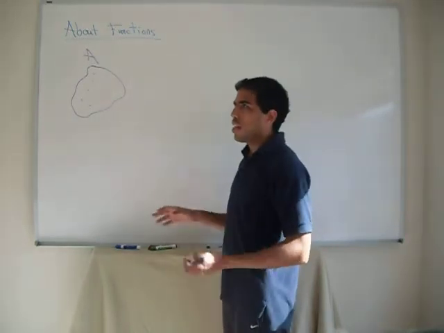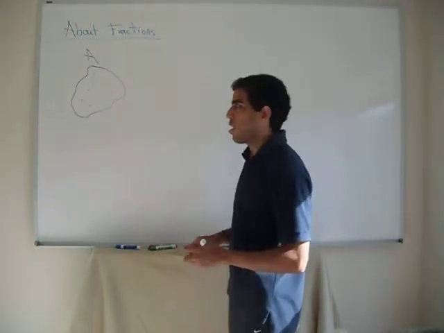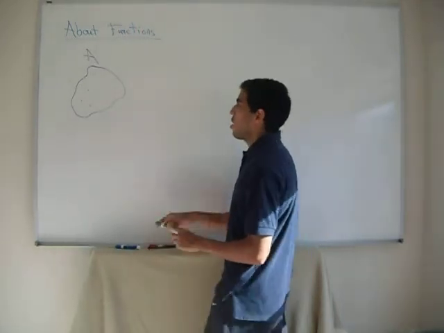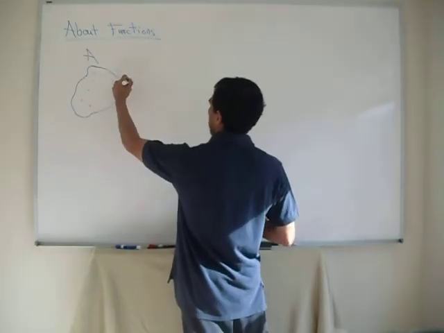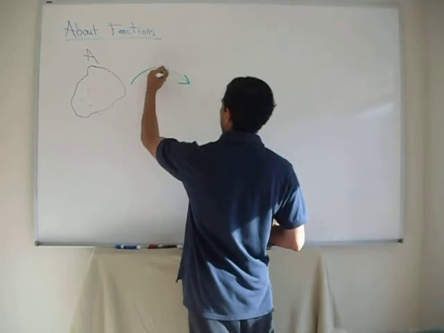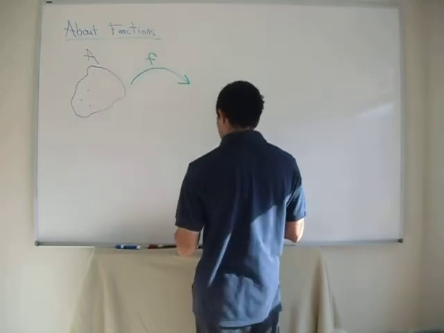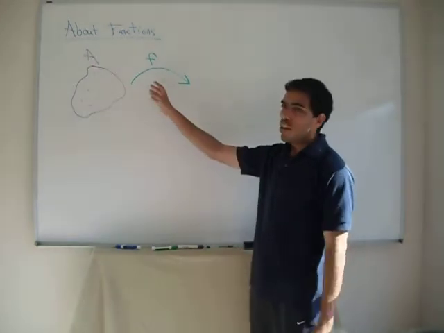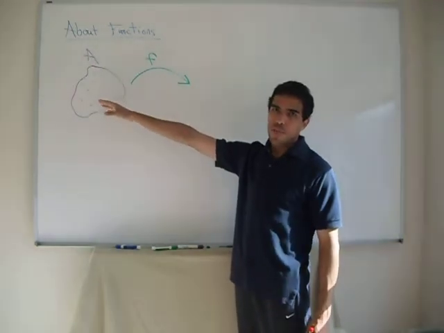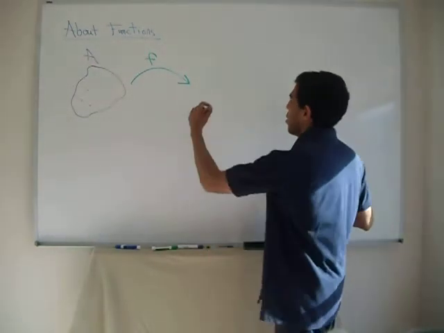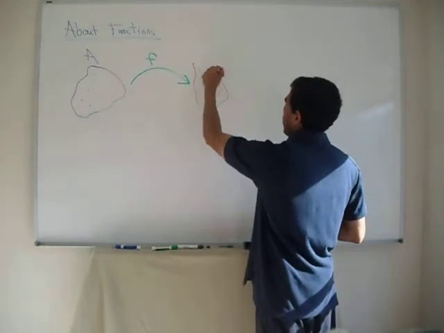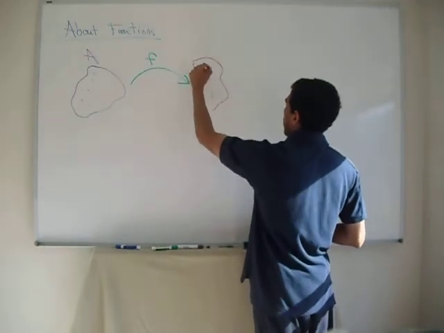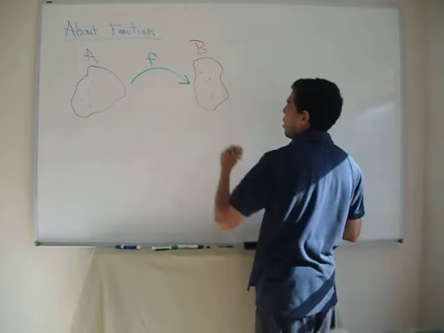And to those elements, I'm going to do certain things, okay? And those things that I do is what I call the function, okay? And that transformation, which I'm going to label f, is what is called the function. So after I do the transformations to my numbers, then I get a second set of elements, which I'm going to call set B, okay?